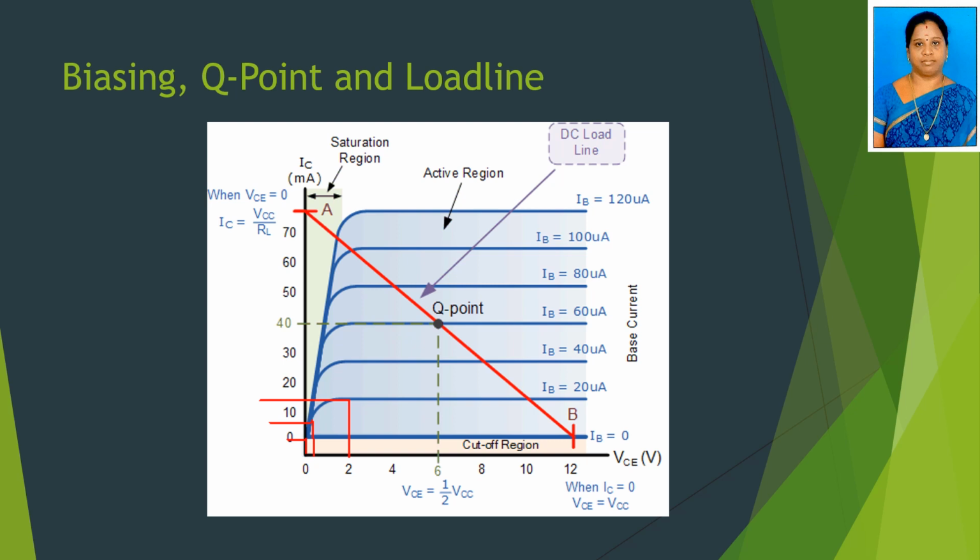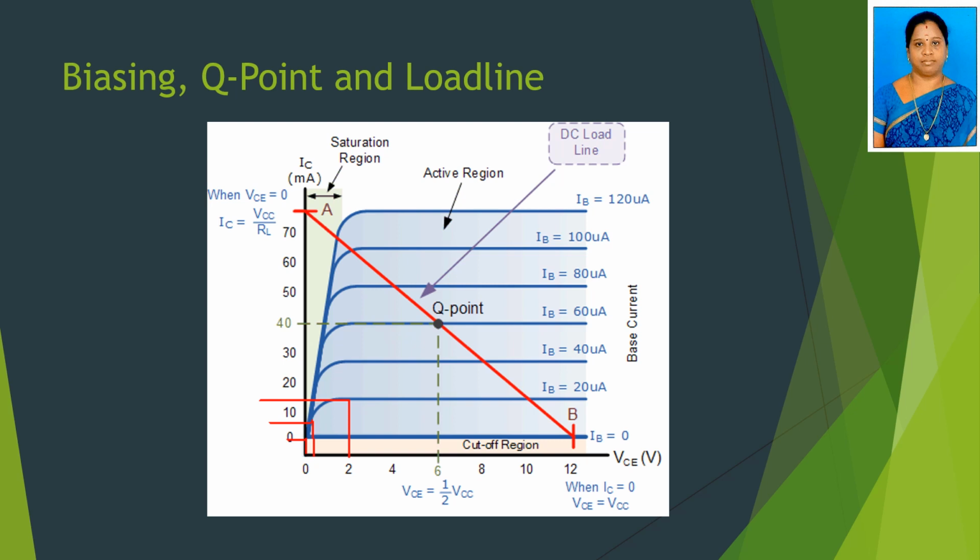Similarly, when IC is equal to 0, that is when you make IB equal to 0, you will get IC equal to 0, because what is the relationship between IC and IB? IC equals beta into IB. So when IB is 0, IC is also 0. When IC is 0, VCE is equal to the maximum voltage, which is nothing but VCC.